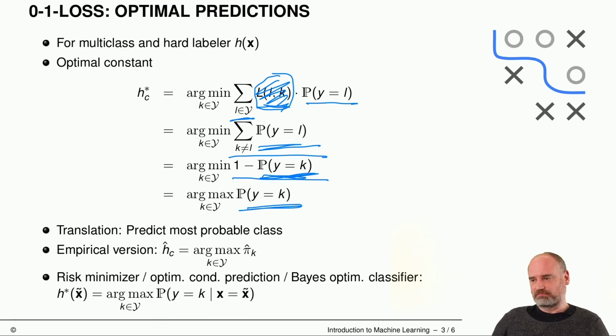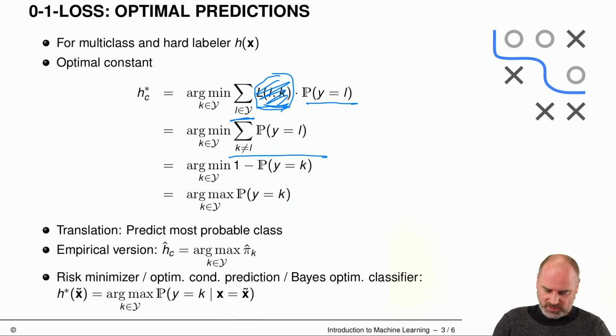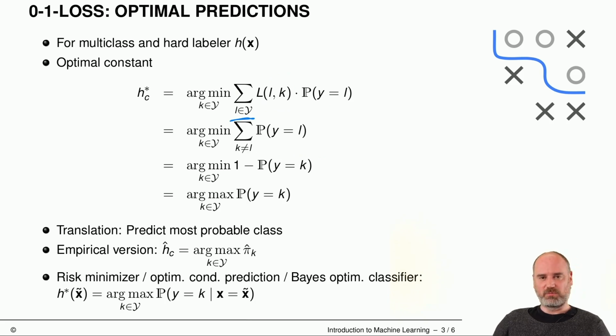That's a simple proof for a very natural and somewhat obvious fact that we're going to predict the most probable class. You can also do an empirical version of this. If you want to prove this theoretically, either you do it again empirically, or you just do the plug-in estimator and insert the empirical distribution.